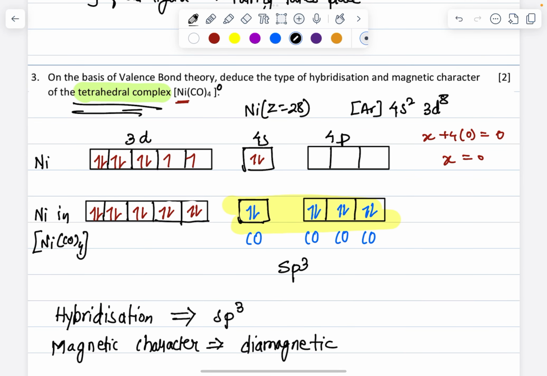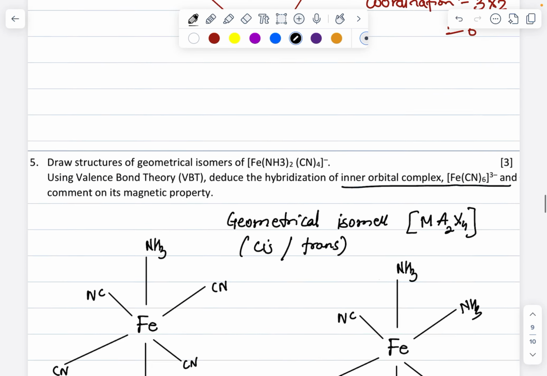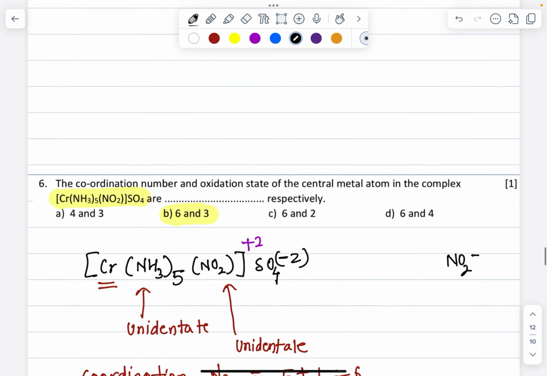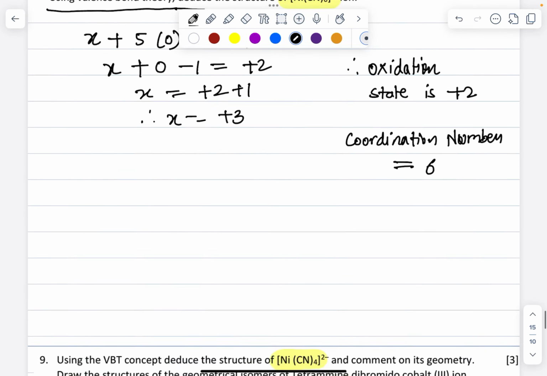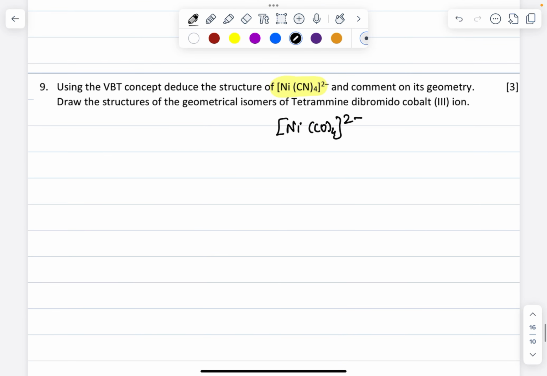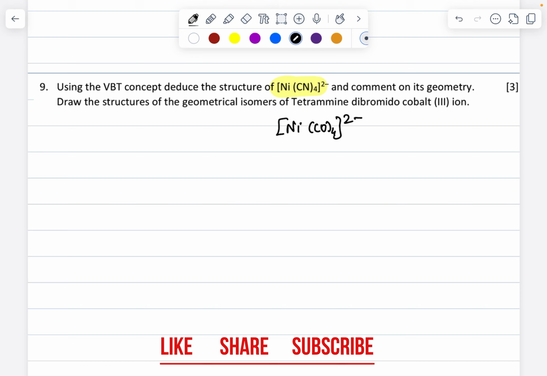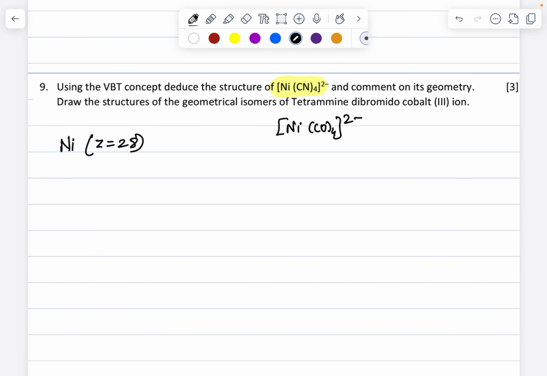But over here the charge was 0. Okay, I'll do this for you, not an issue. It will be slightly different because the charge is 0. Nickel's electronic configuration, Z is equal to 28, so argon 4s2 3d8.